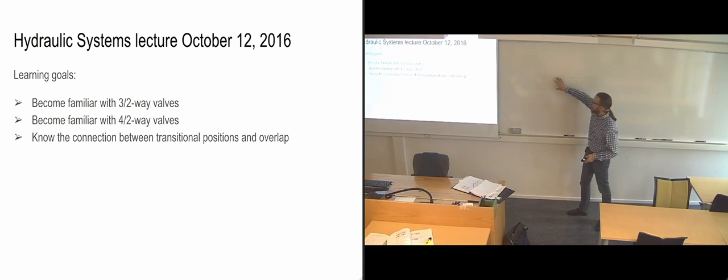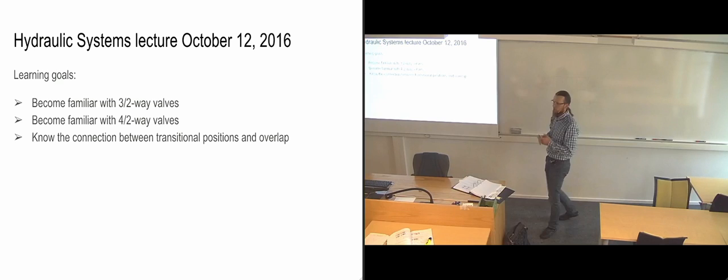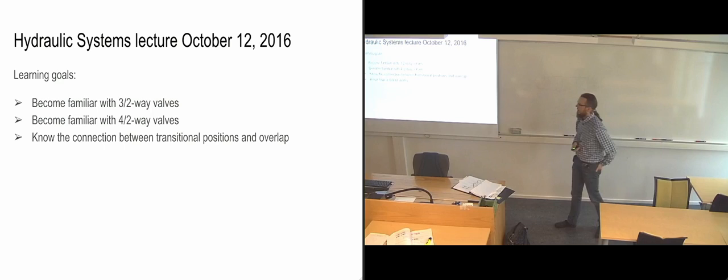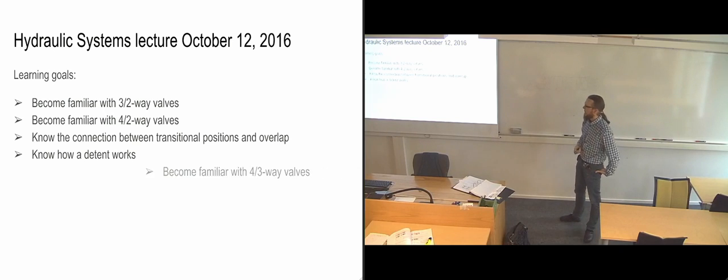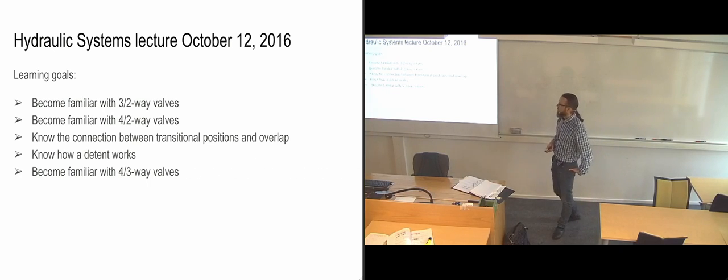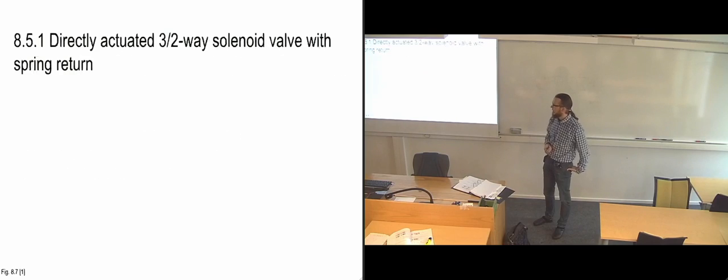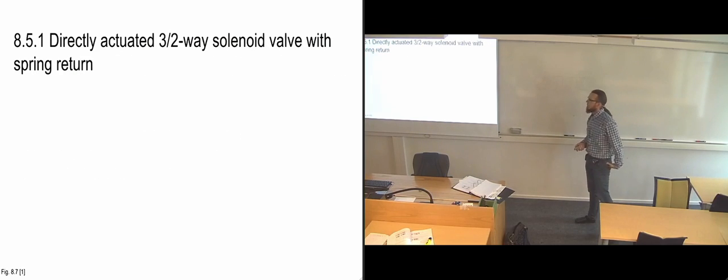When you're switching from one position to another, there is going to be something happening inside between those, exactly when the piston is moving. And the overlap is what determines what's going to happen. So we're going to look more at that. We're going to learn more about how the tent works. We're going to look in detail at how it's designed. We're going to look more at 4 three-way valves. And that's it for this lecture.